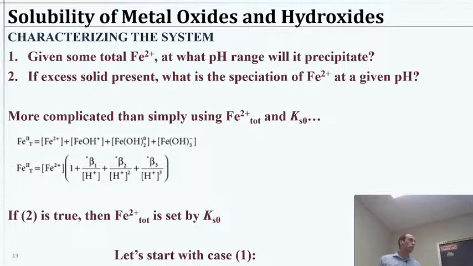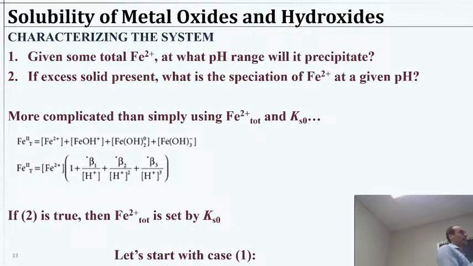The other question would be, if we already have some of this amorphous iron hydroxide solids present, what is the speciation at a given pH? So if we have it in equilibrium with solid precipitates. So there's kind of 2 different ways to look at a system like this. We're going to approach number 1 first.